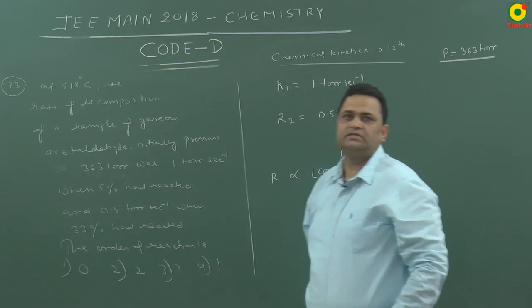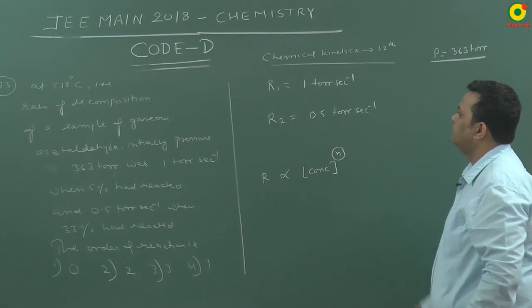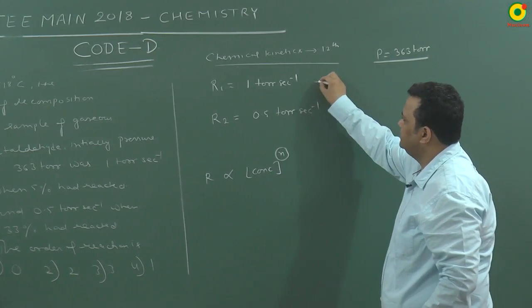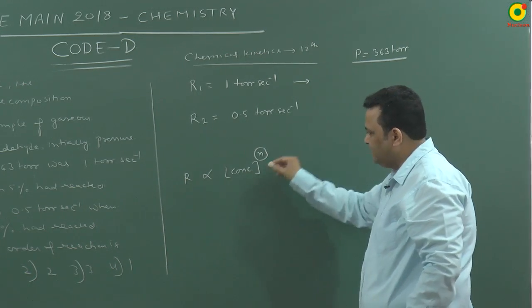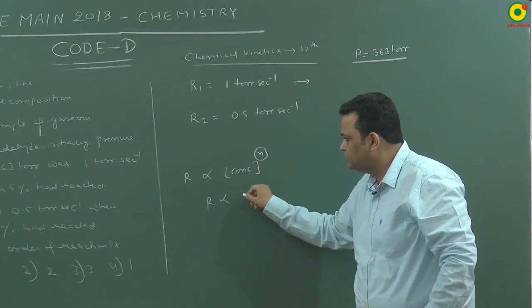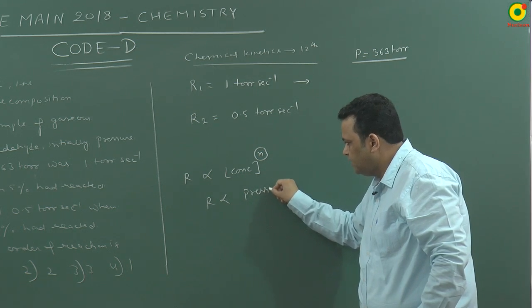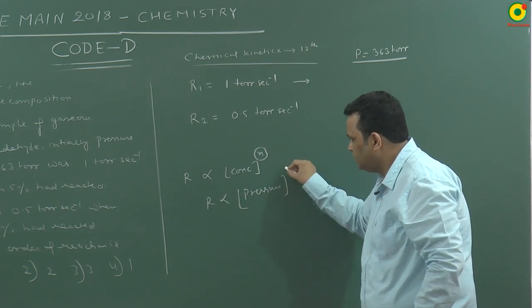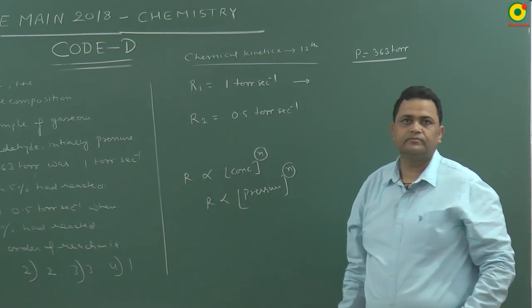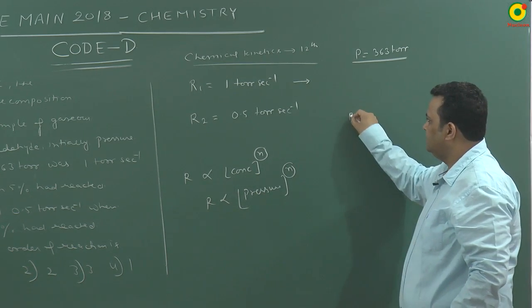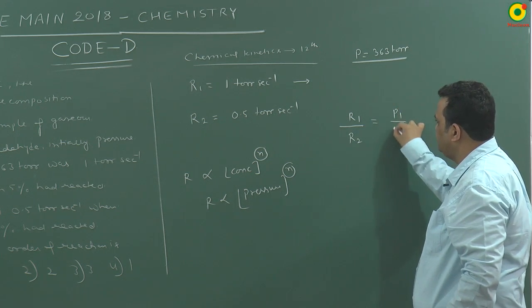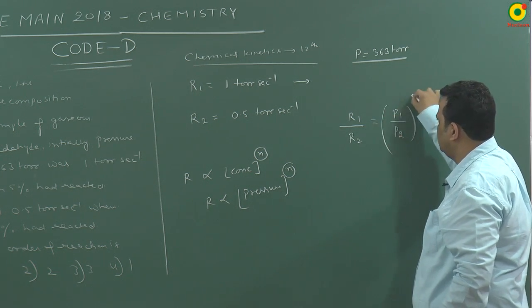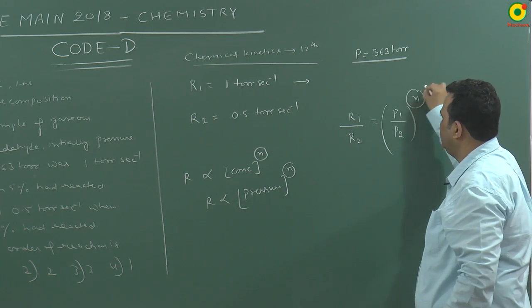The order of reaction is? Now this rate is when it has reacted 5%. We can write that the rate is also proportional to pressure raised to the power n, where n is the order. So we can say that R1 upon R2 must be equal to P1 upon P2 raised to the power n. We have to find the order n.